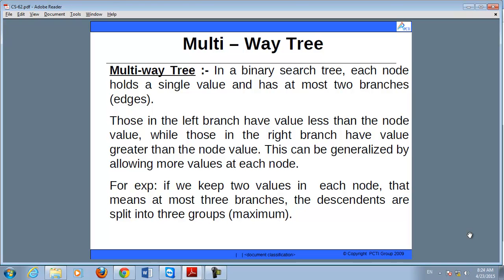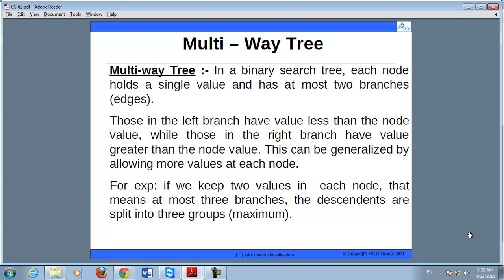But in a binary search tree, each node contains maximum one value and it has at most two branches, or you can say two edges. जैसा आपने प्रीवियसली बाइनरी सर्च ट्री में देखा कि आप एक नोड इंसर्ट करते हैं, then whenever you want to insert another value in the tree, you have to compare that value with the particular node value.